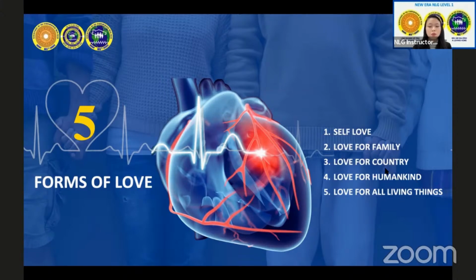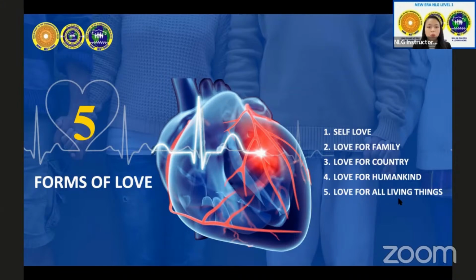When you get to level 2, you're going to work on love for country. And then when you get to level 3, you're already asked to have the 4th and 5th forms of love. And then when you get to level 4 and 5, there's a need to elevate these elements as you go, so that it matches with the energy frequency that will activate you.